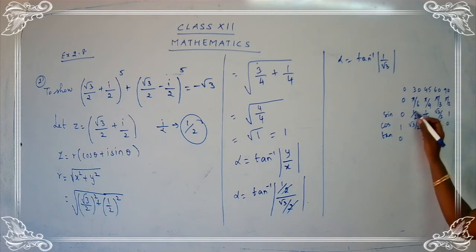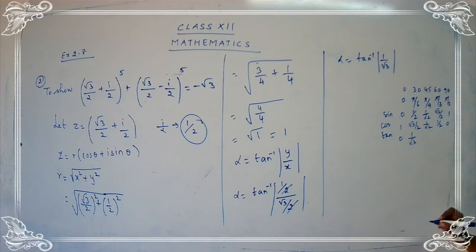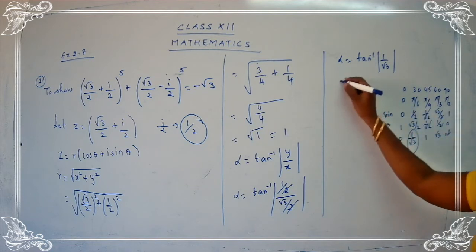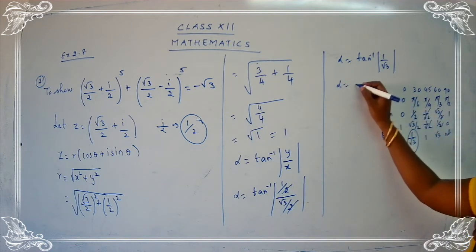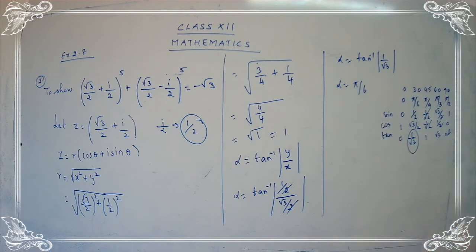For tan, the denominators are same, so you get 0, 1 by root 3, 1, root 3, and here it's not defined. This was the table you have already taken, this is just for my reference. So I get the value for 1 by root 3 as pi by 6 in terms of radians. So alpha is equal to pi by 6.